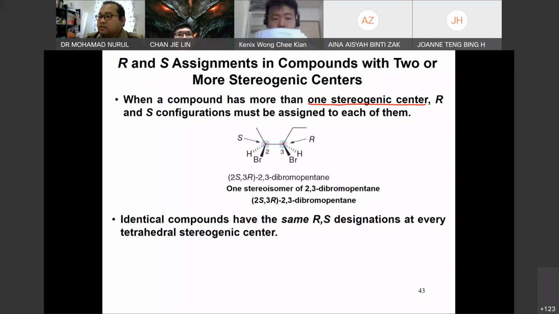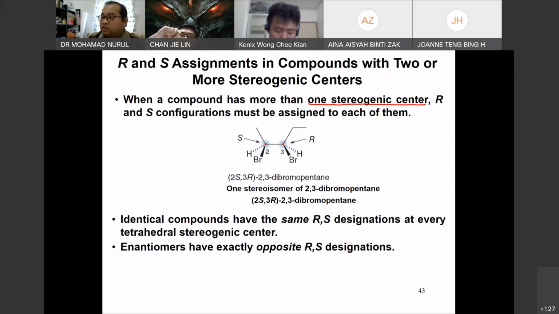Identical compounds have the same R and S designation at every tetrahedral stereogenic center, and enantiomers have exactly opposite R and S designations. So just change the positions between bromine and hydrogen, and you can draw the other enantiomer of the compound. It's as easy as that.